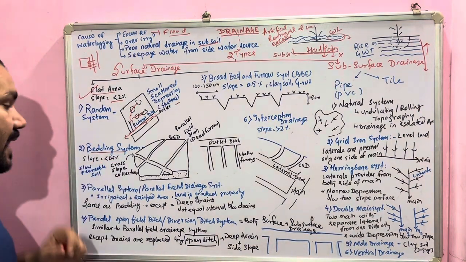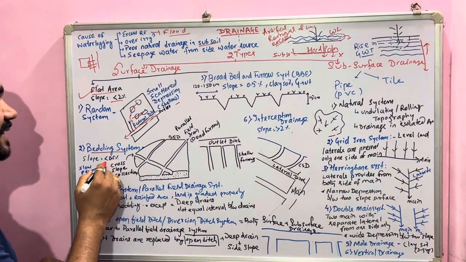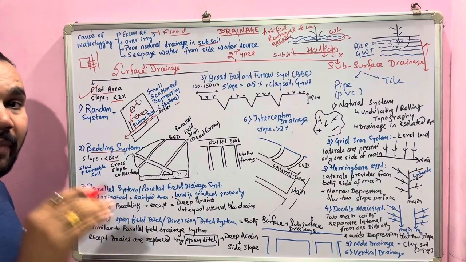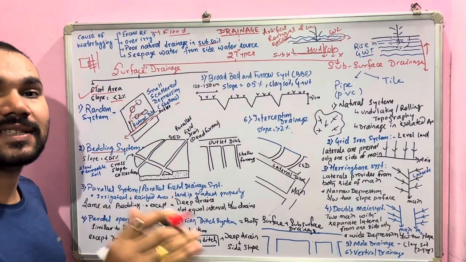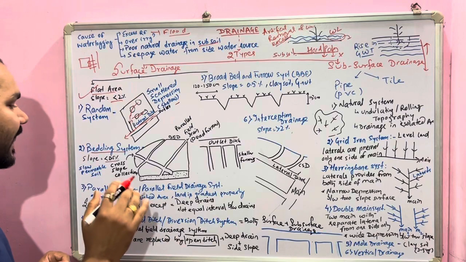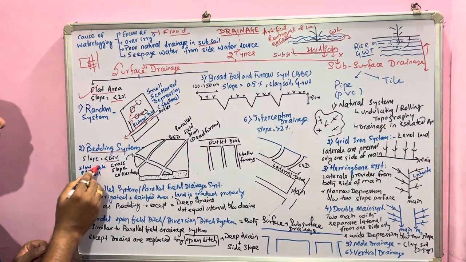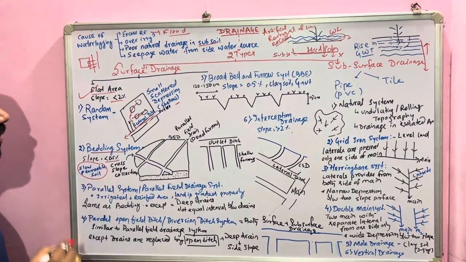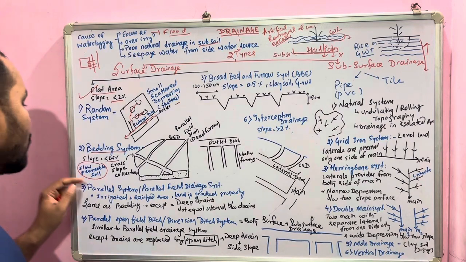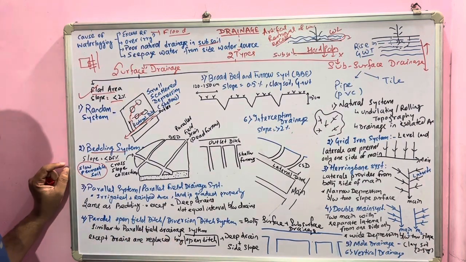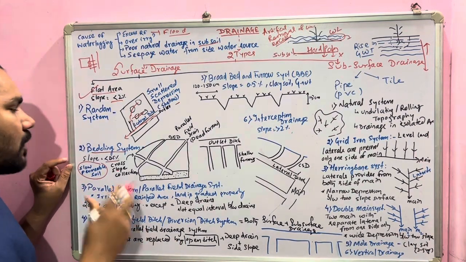Bedding system means if your slope is less than 0.5%, that means the bed slope should not exceed 0.5%. The soil should be slowly permeable soil. I have two conditions for bedding system.